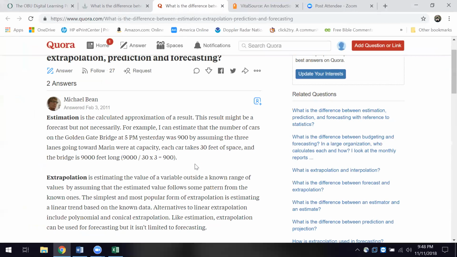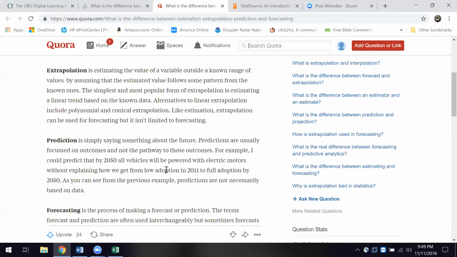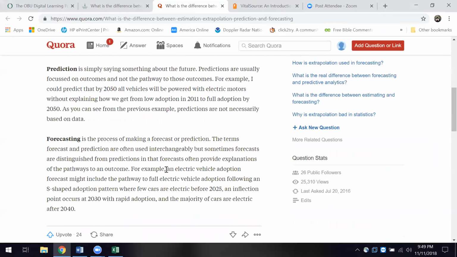Now, estimated, as he says, is a calculated approximation of a result. Could be a forecast, but not necessarily. Then we come to extrapolation. And this is estimating the value of a variable outside a known range of values. In prediction, we're saying something about the future. Forecasting is the process of making a forecast or prediction.